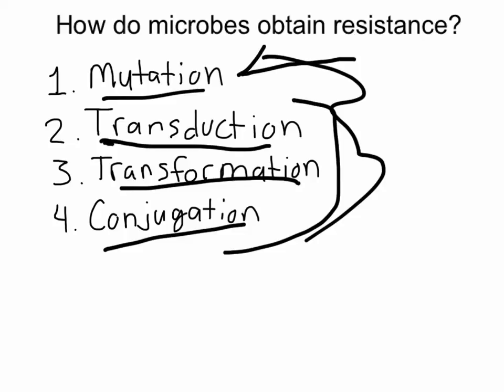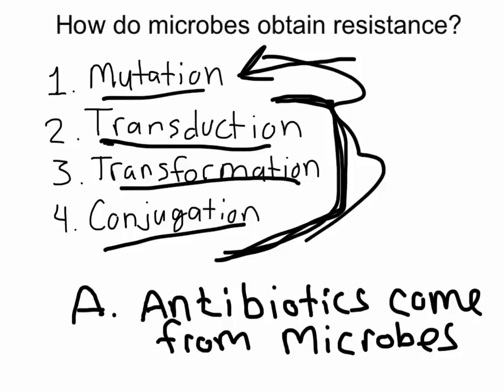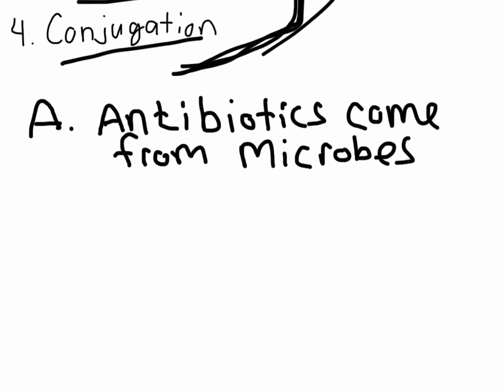So if it's really rare for the mutation to work, most resistance is obtained through this pathway, obtaining the entire gene for resistance. In order to understand this mechanism, we have to realize that almost all of our antibiotics come from microbes.